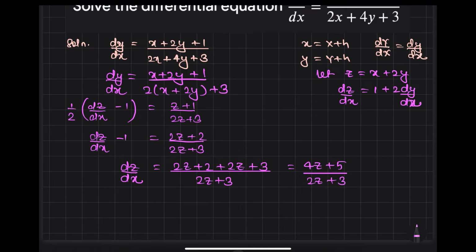Now what should we do? We will apply variable separable method because you have all x together and all z together. So we can write (2z plus 3) upon (4z plus 5) dz equals dx. Now do the integration. Try to understand how we respond.